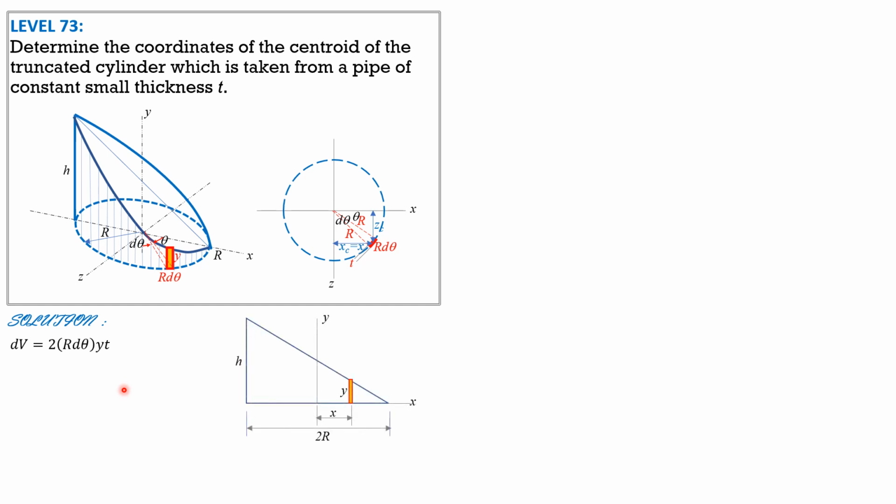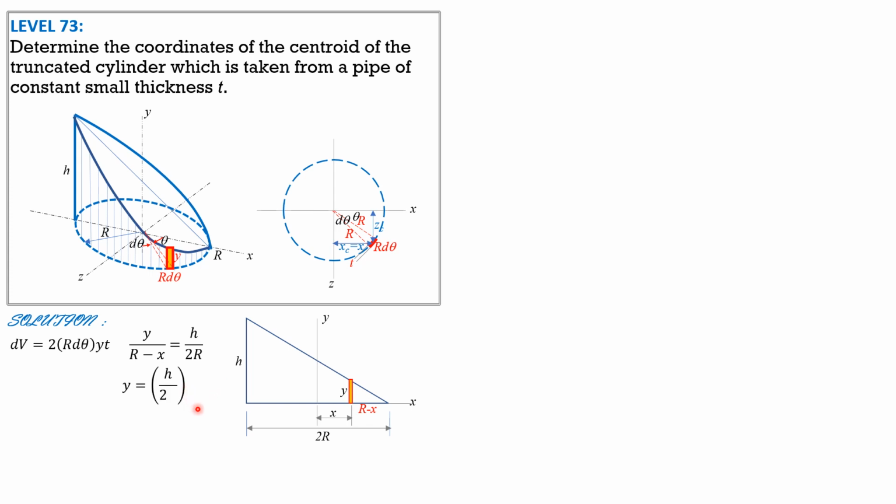So to relate, because this distance is x, that is x here, and therefore this is r minus x. So y is to r minus x as h is to 2r.